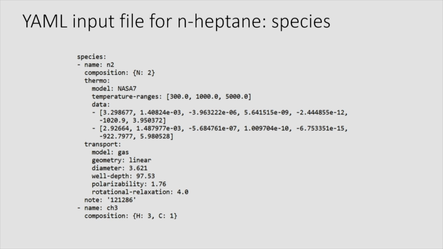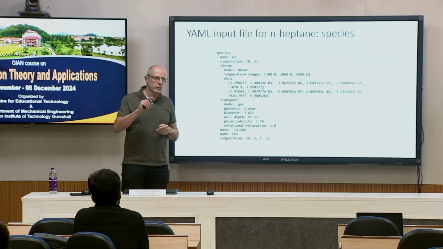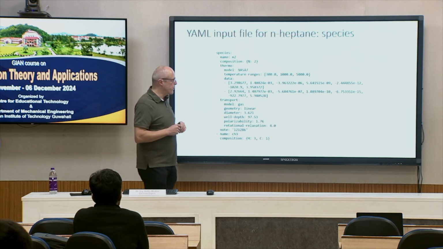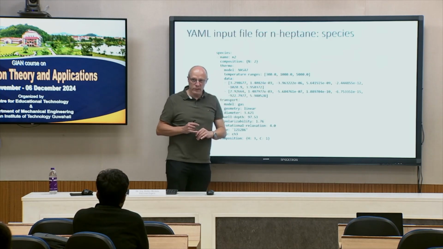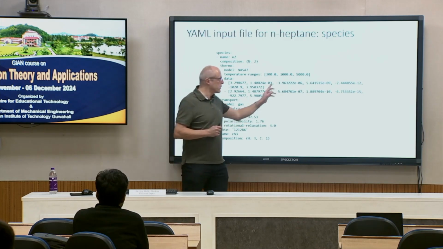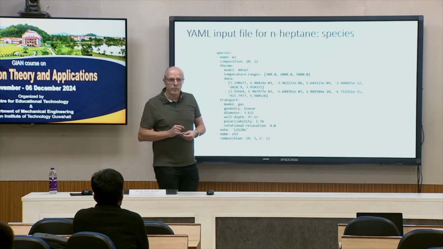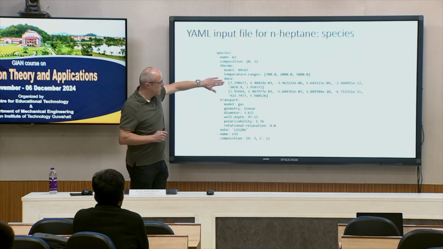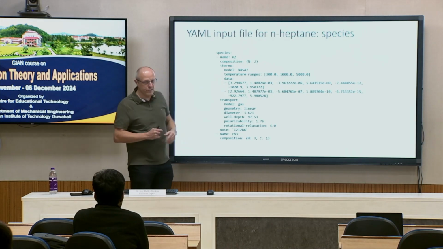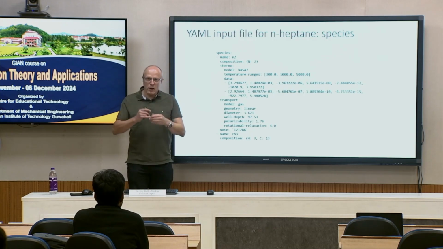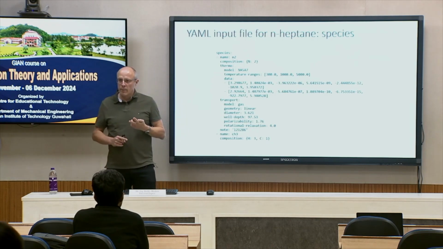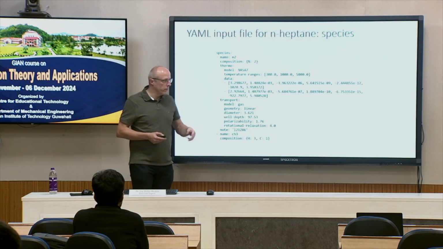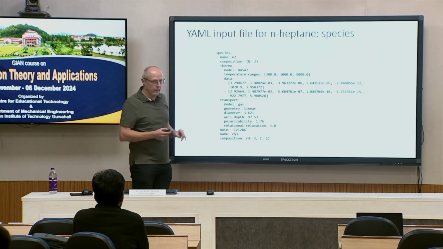You find 14 variables or 14 data points: 7 for the low temperature case, in the range here 300 to 1000, and 7 for the high temperature case, 1000 to 5000 K. And these 7 data points are then used to calculate the enthalpy, heat capacity and entropy of your molecule, for this example, nitrogen.